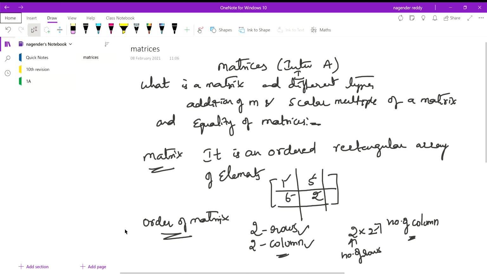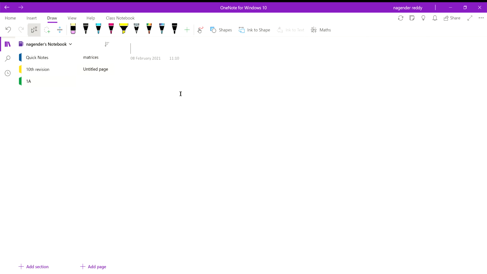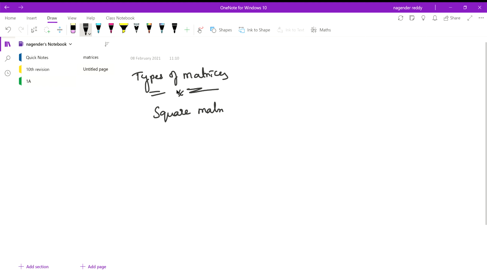Now let us discuss types of matrices. What are the different types of matrices we have? The first one is the square matrix. What is a square matrix?